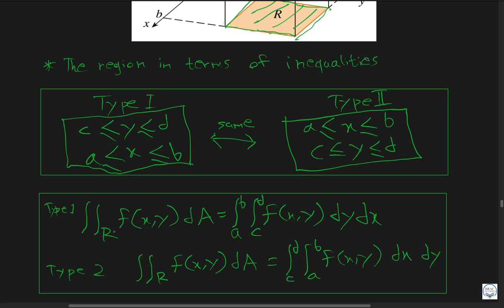And since both of these are the same double integrals, these are exactly equal. This one is equal to this one. This means that these two must also be equal.